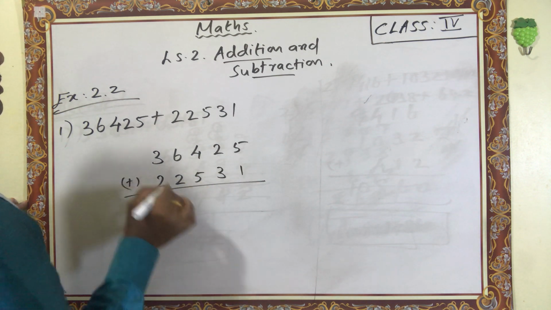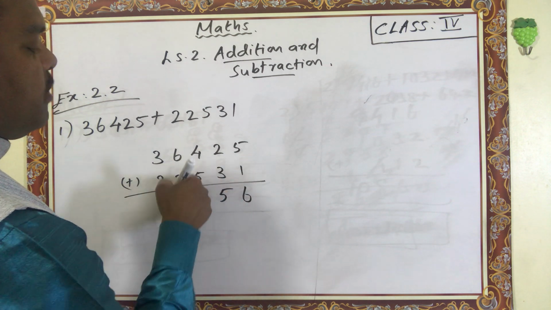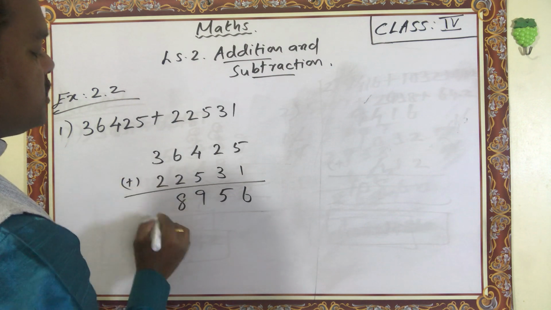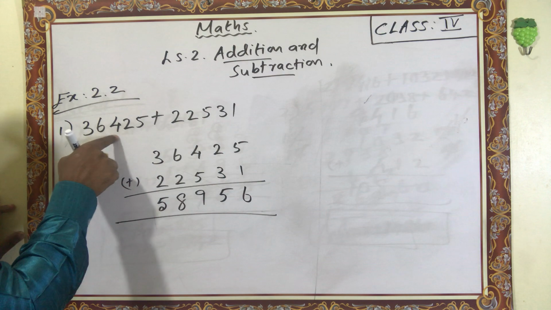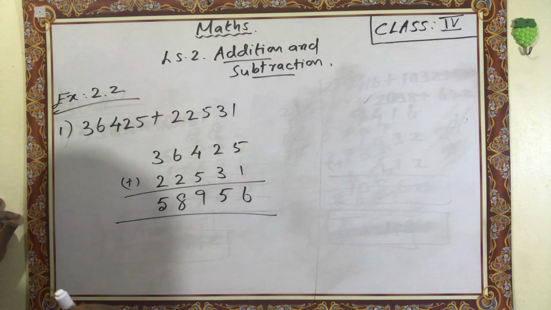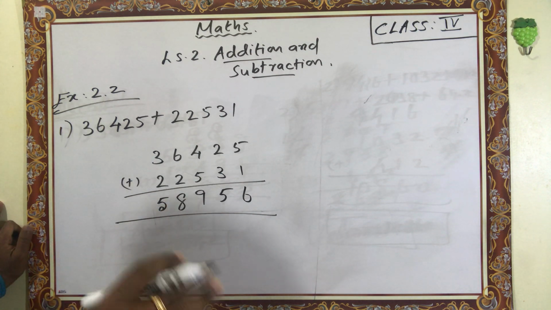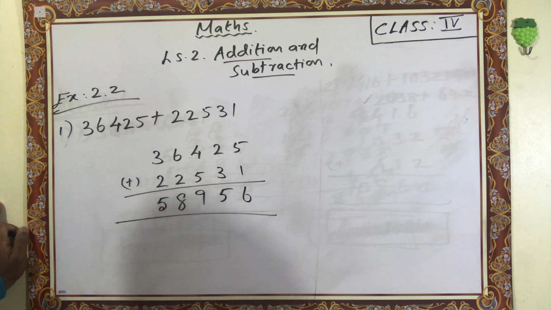And 5 plus 1, 6, 2 plus 3, 5, 4 plus 5, 9, 6 plus 2, 8, 3 plus 2, 5. See, 1 2 3 4 5, 1 2 3 4 5, 5-digit number, 5-digit number. So if you are adding a 5-digit number and a 5-digit number, sometimes you will get a 5-digit number as an answer, sometimes a 6-digit number.